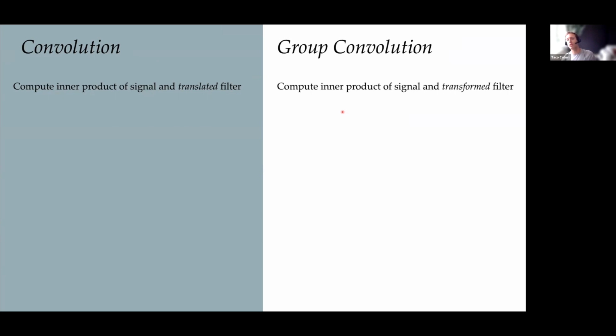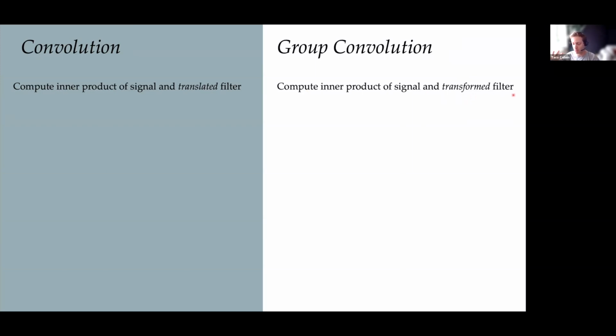In the group convolution case, the idea is very similar, but we replace the word translation by transformation. That is to say, we apply not just a translation, but an arbitrary element from our group. So we have a signal, our filter, and then for each transformation in our group, we apply that transformation to our filter.